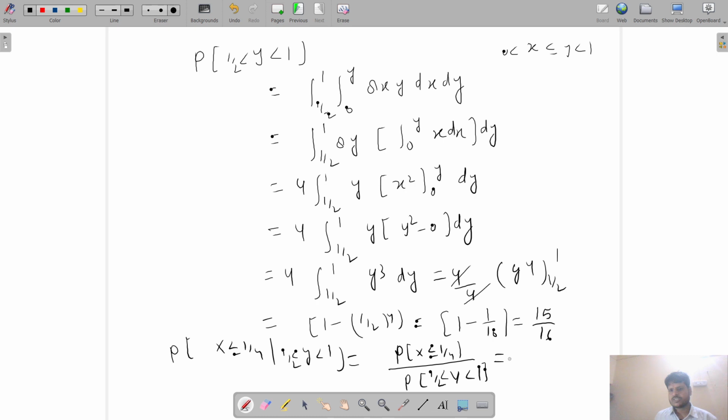So 31 upon 256 upon 15 upon 16. So this becomes 16 into 31 upon 256 into 15. 16 ones are 16, 16 times 16 is 256. You get 31 and 15, 16 times 15 is 240. So this is 31 upon 240, this is the answer.